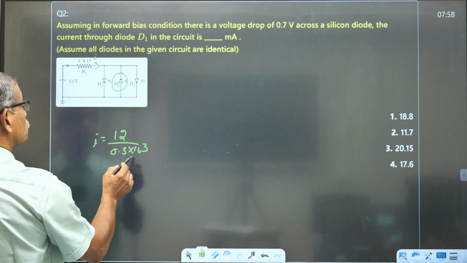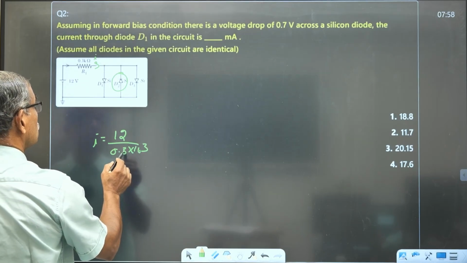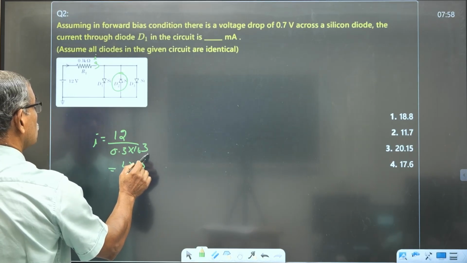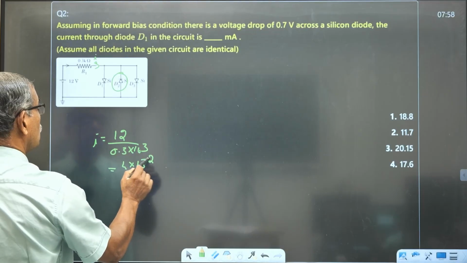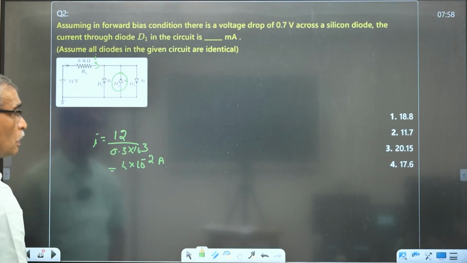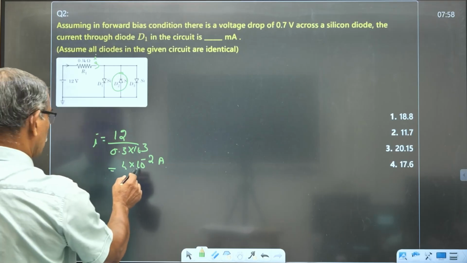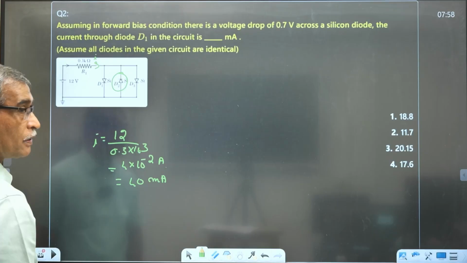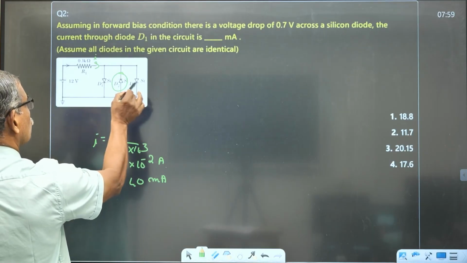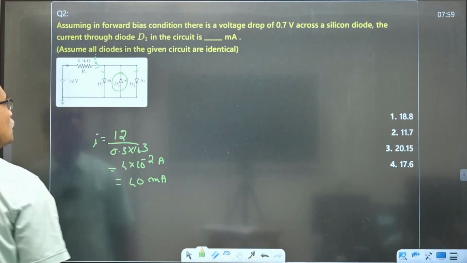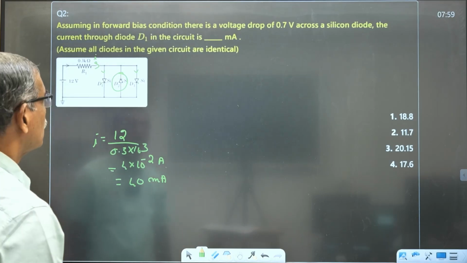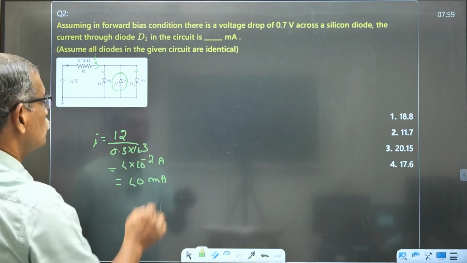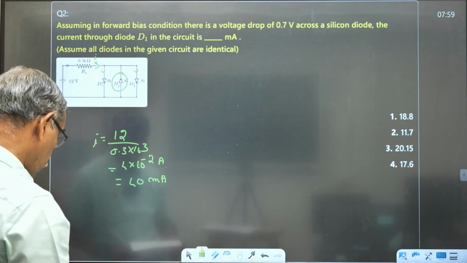On calculation it is equal to 4 into 10 raised to minus 2 ampere, which is 40 milliampere. This is the main current. The main current now conducts through two identical resistors, and therefore by Kirchhoff's law, the current will be equally divided through both of them.